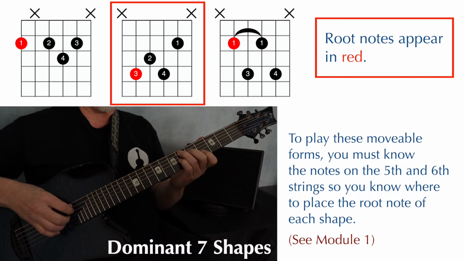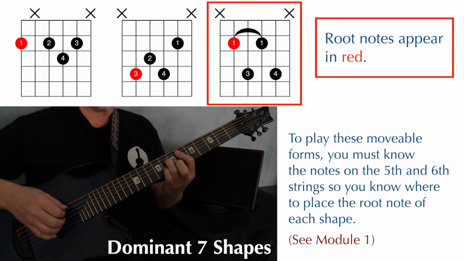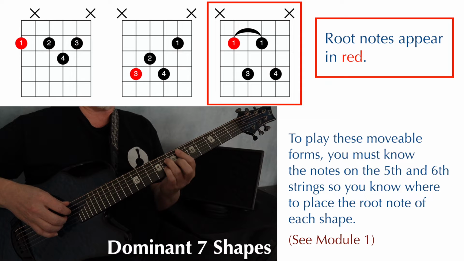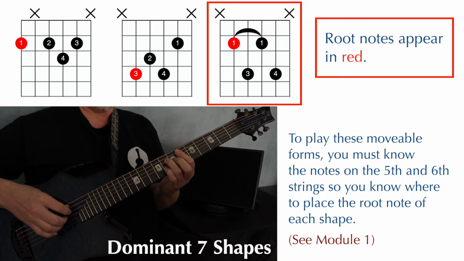This is an E flat 7 that I'm playing because I'm placing my root on the E flat on the 5th string. Here's another 5th string dominant 7 shape you can play. This is fingered 1, 3, 1, and 4. So your first finger is going to be barring across strings 3 through 5.